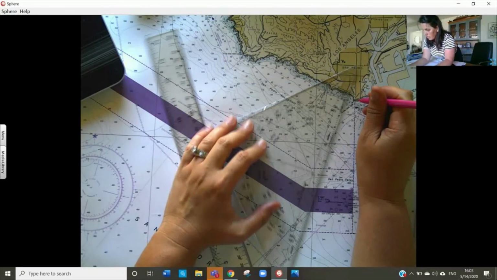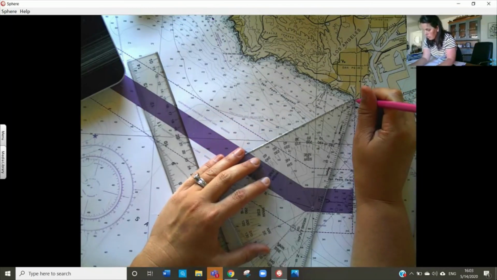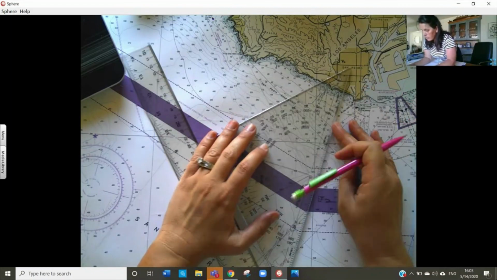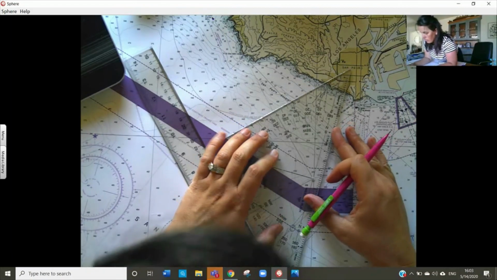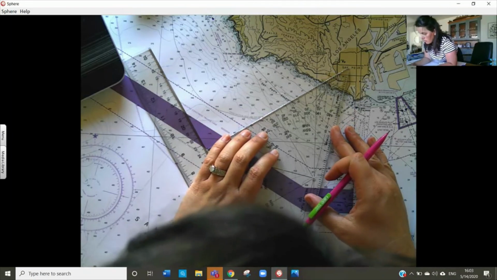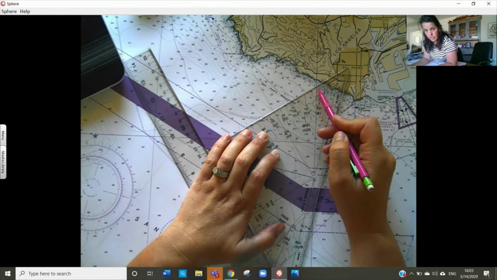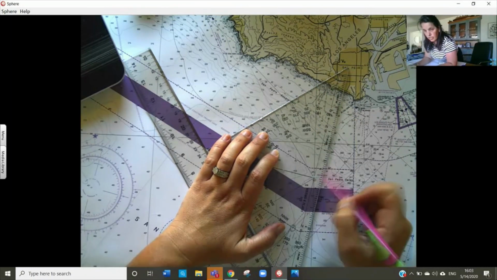And then we have Point Fermin at 012. So let's see if I can do Point Fermin. Not quite, so I'll find 012. And then move it over there. So I have 012 at the top and my focal point.